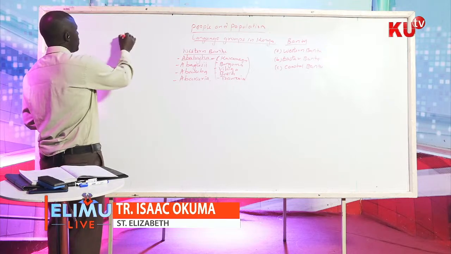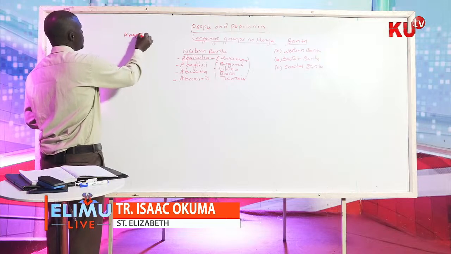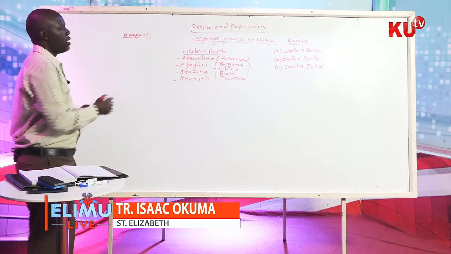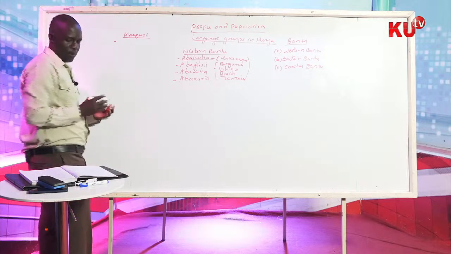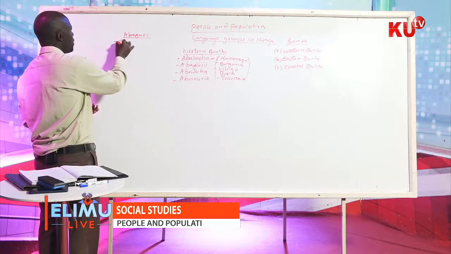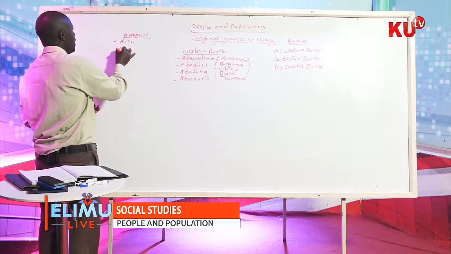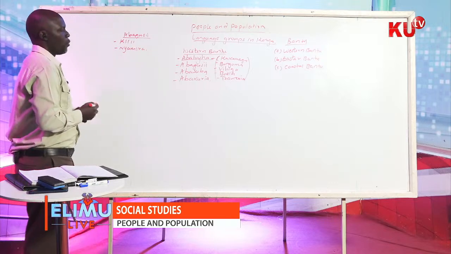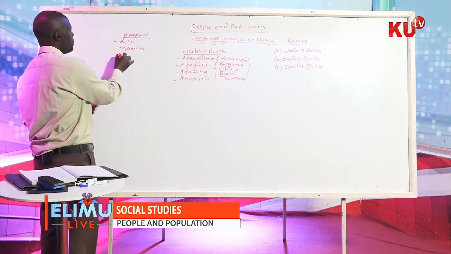Then now we have the Abagusi. The Abagusi are part of Western Bantus, and if you want to find the Abagusi, they are in two counties, that is Kisii County, and then you can also find them in Nyamira County. Although there are some living in Migori.